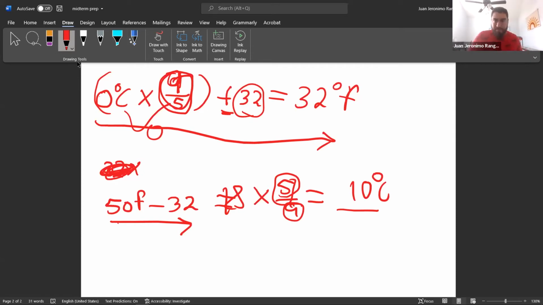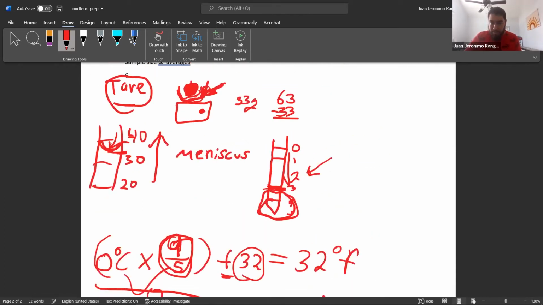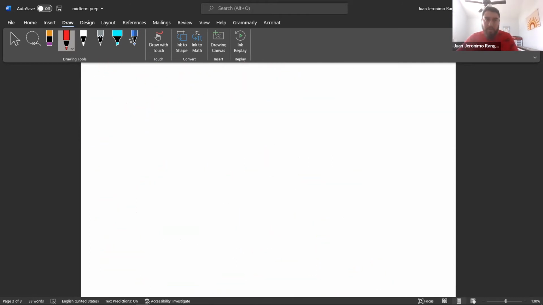All right. Appropriate tools to use for these things. What would you use for mass?